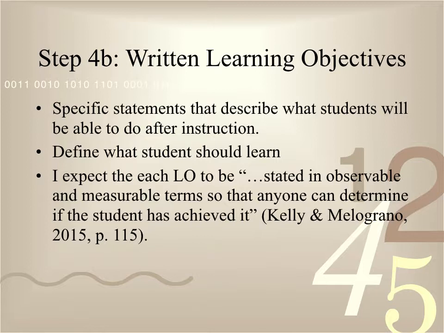So it's observable, it's measurable, and anyone who has some kind of skill to assess that learning can determine if the student can achieve it. And the student should be able to know if they have achieved the lesson objective.